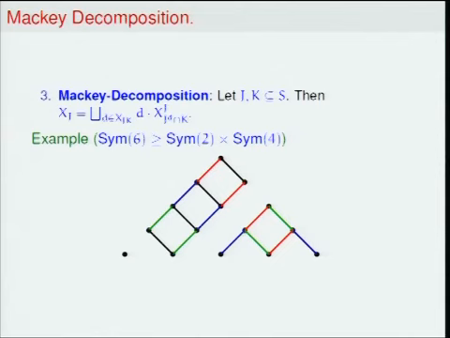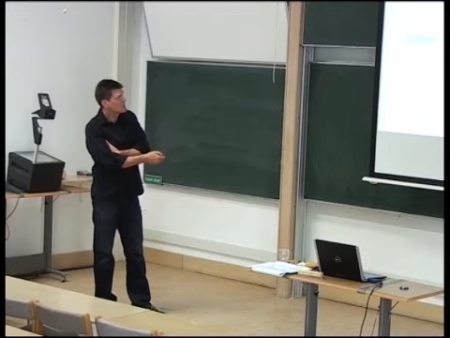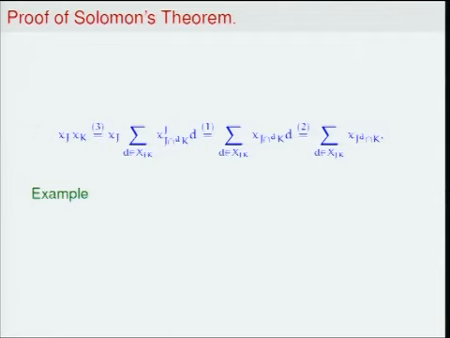And the formula says then the graph falls apart into connected components, which themselves are coset graphs sitting in a smaller subgroup. These three properties together can be used to give a one-line proof of Solomon's formula, which establishes the existence of the descent algebra. One can use the Mackey decomposition, multiplying x_J and x_K. You apply the Mackey decomposition to the x_K factor and write it as a sum of shifted smaller things.